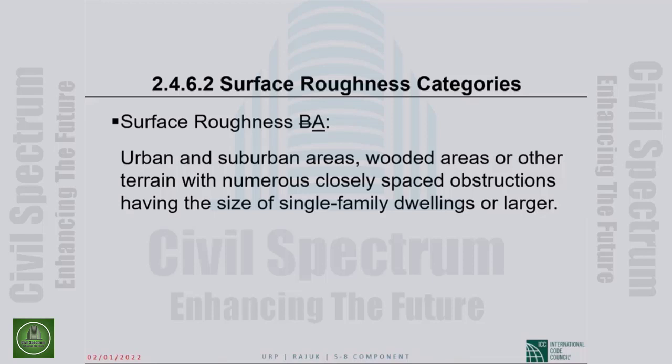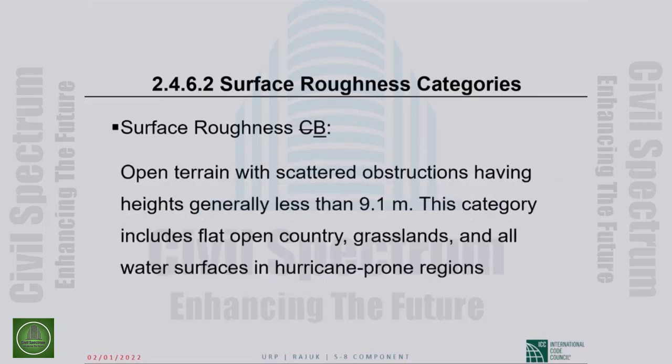Now, this is an American definition. Single family dwelling in Bangladesh, what it would mean, I don't exactly know. But anyway, if you read this and the ASCE 7 commentary, you will have a pretty good feel. B is open terrain with scattered obstructions having heights generally less than 9.1 meters, that would be 30 feet.